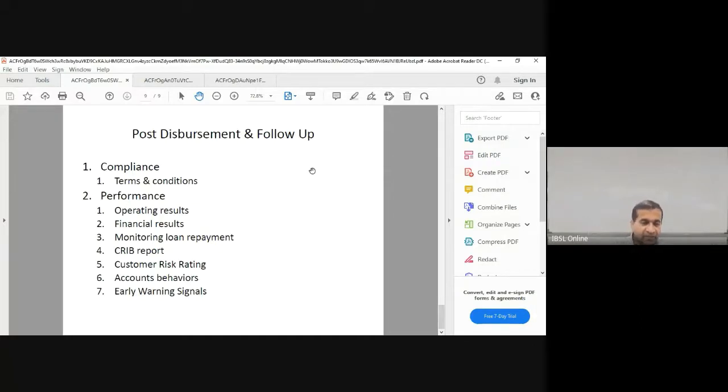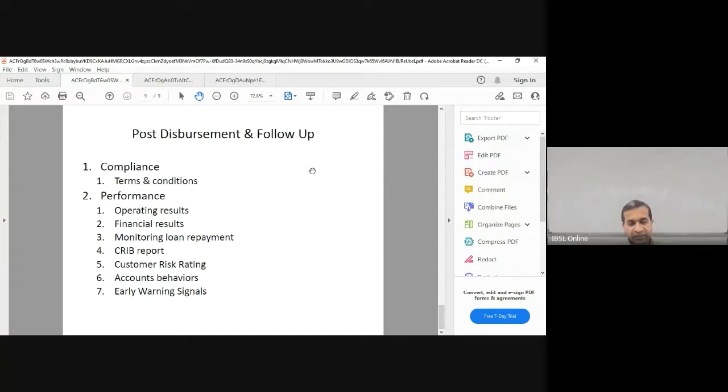Also, financial information is an early warning signal for you to make decisions, rather than waiting until the last moment. You can put some more conditions, or call the customer, or if it is a revolving facility, you can stop the facility prematurely. So a lot of things can be done provided that you call for these financial statements.